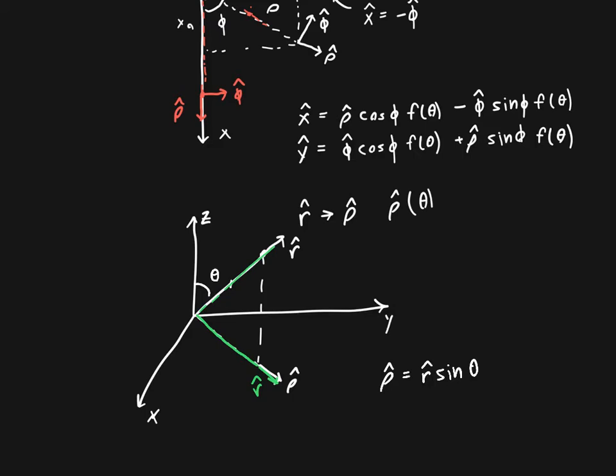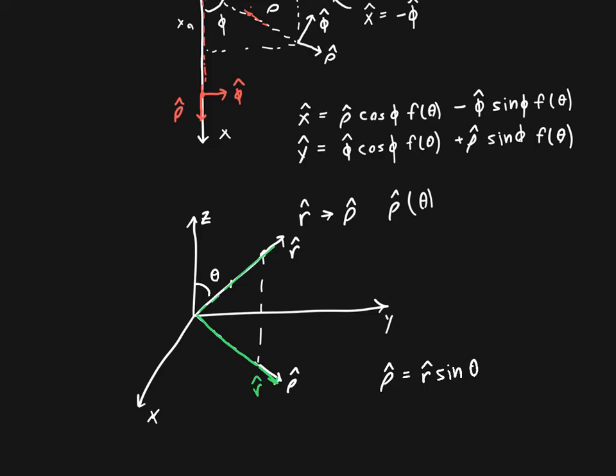But we have a problem here, and that's that rho hat is always supposed to be unit length no matter what happens. And that's clearly not the case here. So how do we fix that? What did we miss? Well, we only looked at the dependencies when theta equals pi over 2.